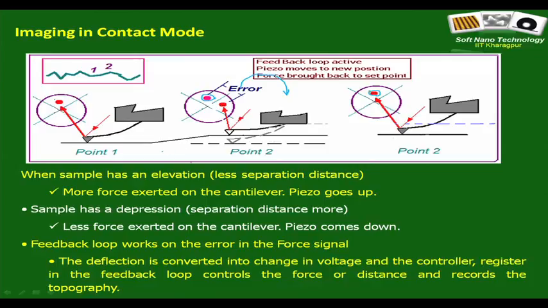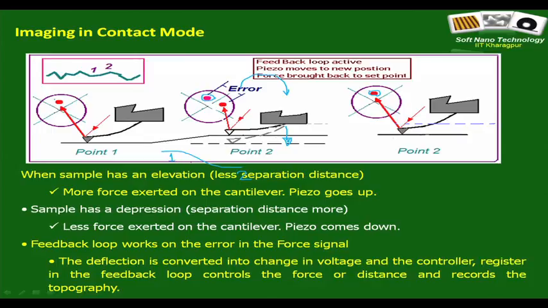Had the point 2 been at a lower elevation than point 1, then the error would have been such that the piezo would have deflected in a manner that it becomes long and slim, so that the point where the cantilever is mounted to the piezo would have gone down.